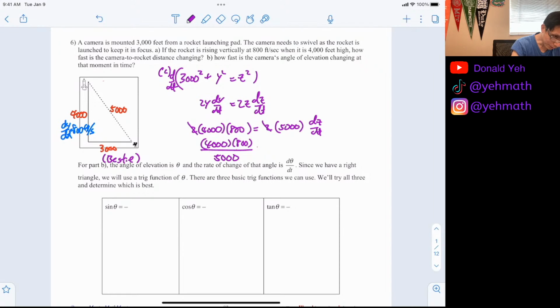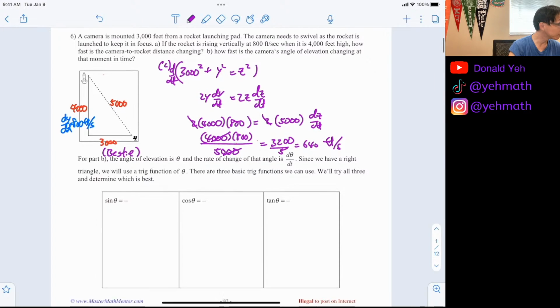And guys, please don't use a calculator. This can simplify, so that's equal to 3,200 over 5, which is equal to 640 feet per second. And that's it. It's not hard, and this could be one problem on your test. Got it? Pretty easy.